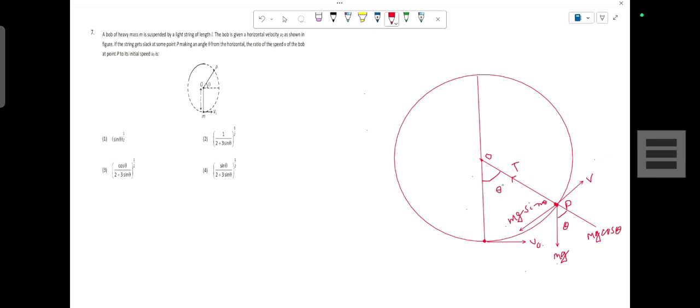Okay na? So this force acting along the PO direction provides the centripetal acceleration, or yes, the centripetal force.